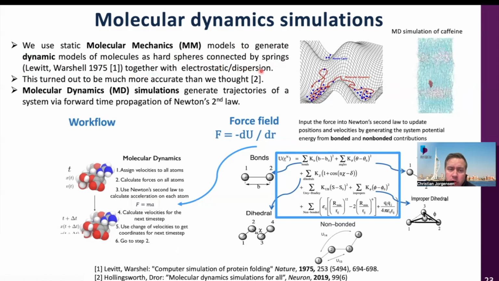Okay, this turned out to be much more accurate than we thought, and molecular dynamics simulations now generate trajectories of a system by a forward time propagation of Newton's second law. That's a complicated way of saying we can make movies of atoms as they move in time.